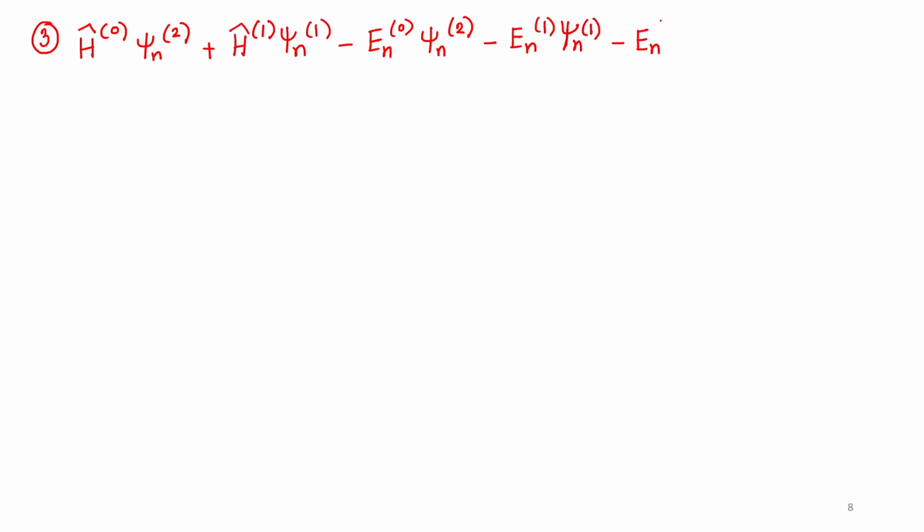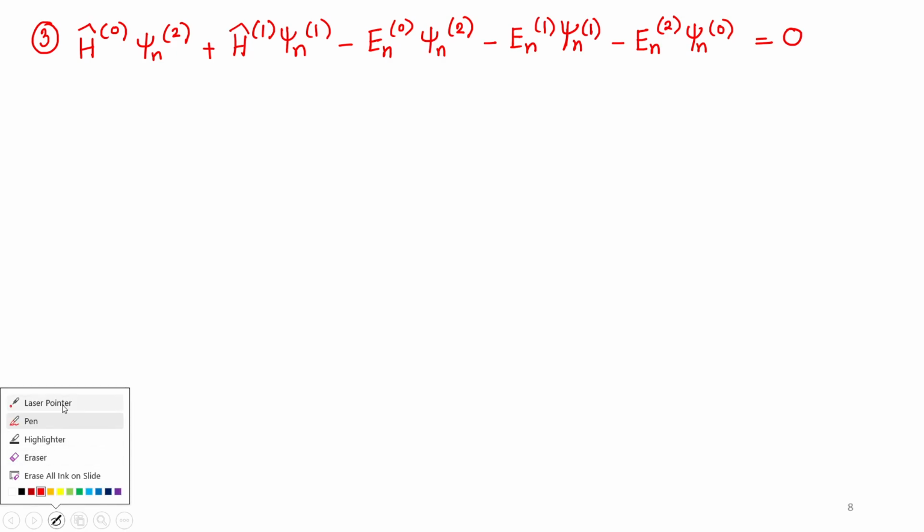the last term, that is, okay. Now for the correction in energy, we'll only deal with the complex conjugate of the nth wave function, right? So let us do that.